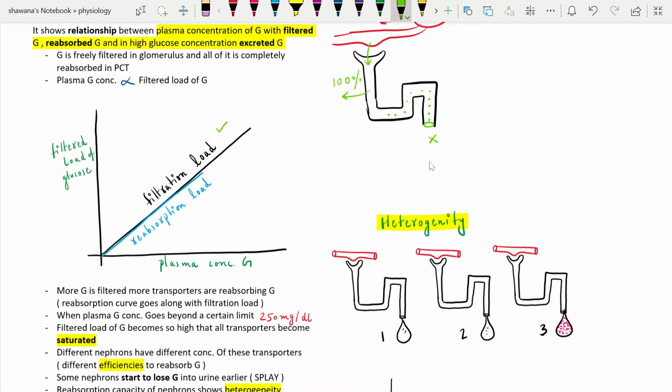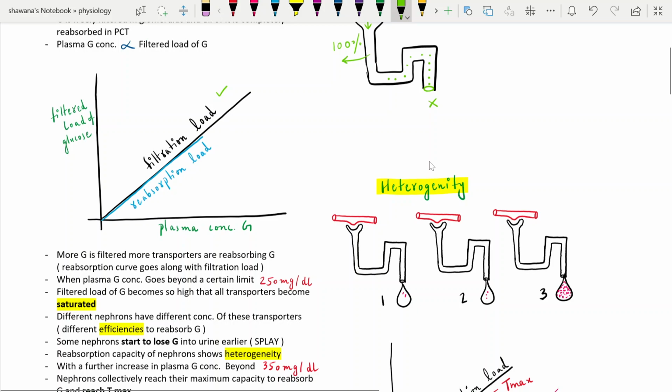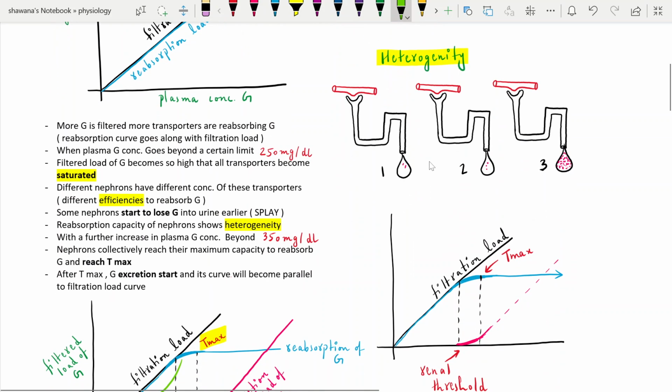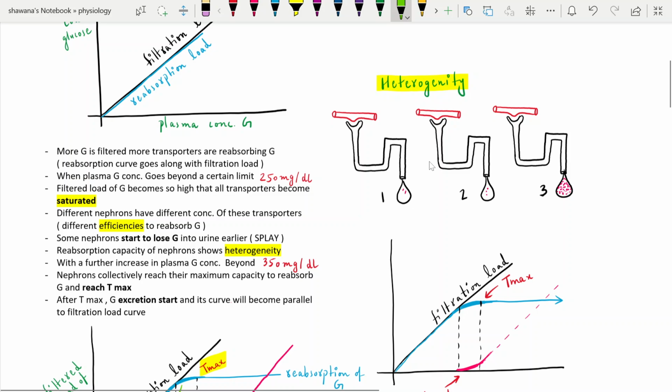But beyond a certain limit, for example, if we take a value of 250 milligram per deciliter, some of the transporters, some of the nephrons start to leak glucose. There is a concept of heterogeneity in the nephrons. It means that this is nephron number 1, number 2, and number 3.